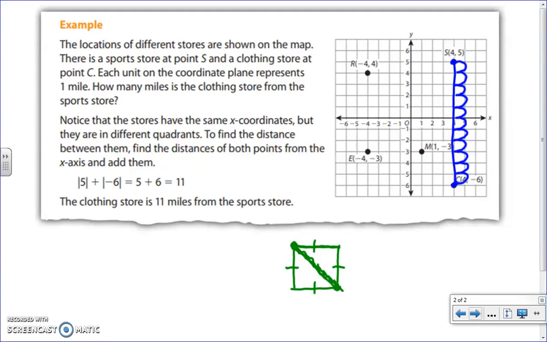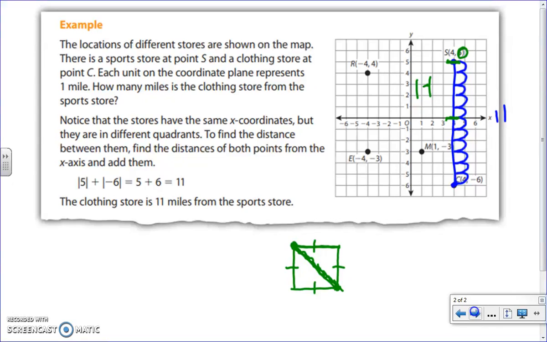If the length of the side of each square represents a mile, it would be 11 miles apart. What I'd prefer you to do is consider a point in the middle, not the exact middle, but somewhere in the middle that's easy to calculate by using absolute value. So I know that the distance between the sports store and 0 is easily calculable, because the y-coordinate is 5, so it's 5 from 0.